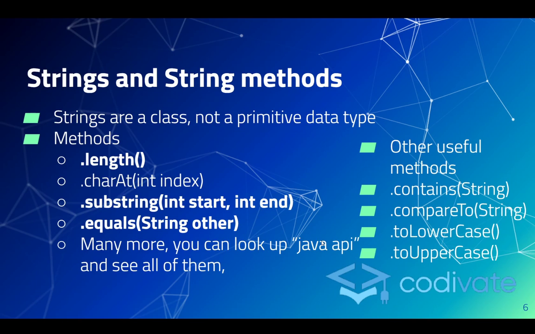Dot substring allows you to pick a start index and an end index. By default, the end index is the end of the string. And what it does is it returns only the part of the string that you select. So in hello world, the H is at index 0, and the exclamation mark at the end is at length minus 1, right?